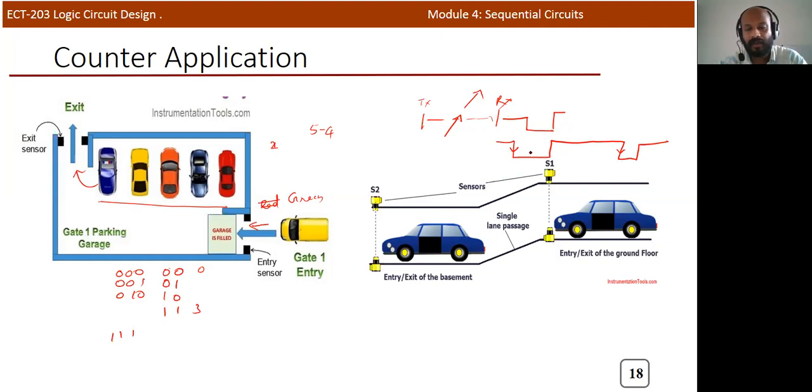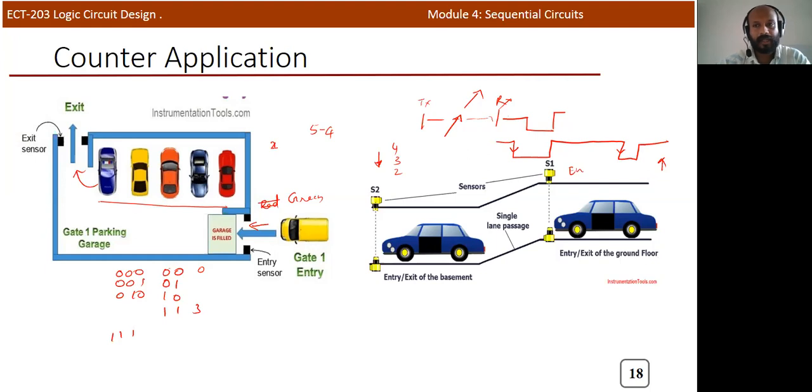When a high to low transition occurs at the entrance, we need to increment, and when the same sensor is implemented at the exit, we need to down count. So initially if the value is 4, we need to decrease to 3. Again, when there is one more high to low transition, it should decrement to 2. Such kind of operation we need to perform.